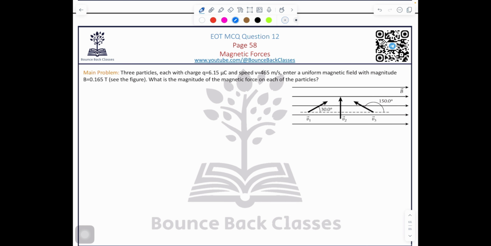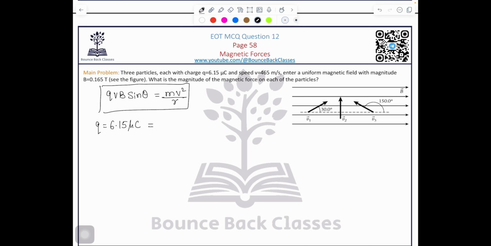Now, guys, that is the real thing you need to understand. So just take out your calculators and we will start the questions. Okay. We have two equations and we know how to use them. I told you QVB sine of theta should be equal to mv square over r. Okay, remember this thing. Now we are going to solve and we are going to use three particles, each of charge 6.15 microcoulomb.